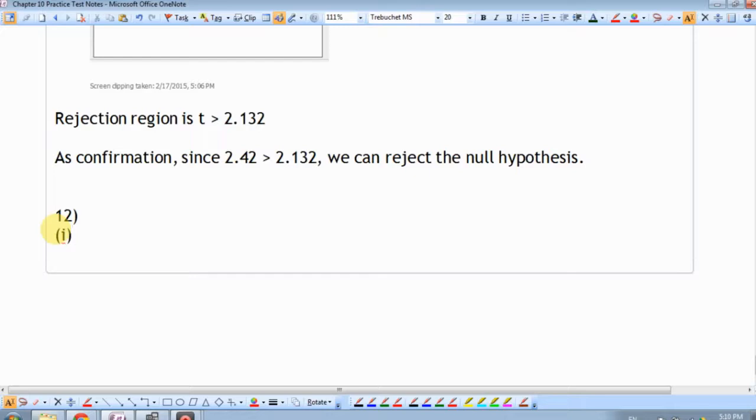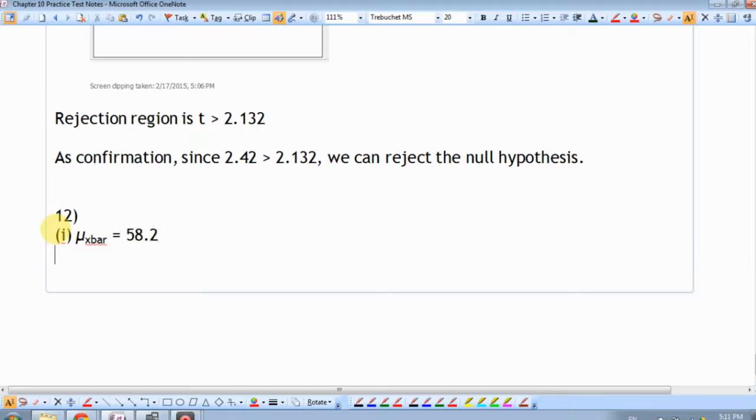Number 1, mu x bar is equal to 58.2. Number 2, sigma x bar equals, do we have a sigma?